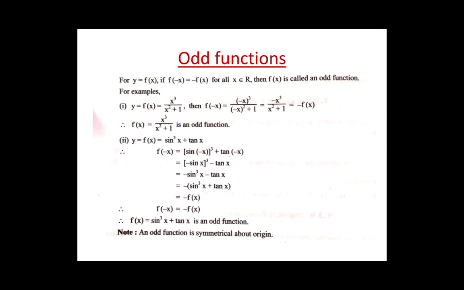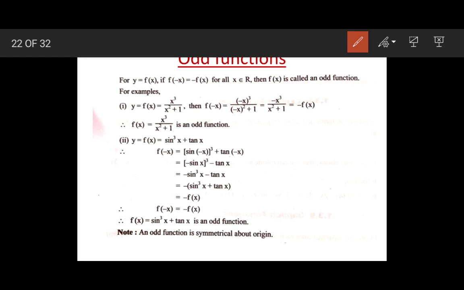So whenever f of minus x is equal to f of x, then the function will be an even function. Then the odd function, again there is a condition. If f of minus x is equal to minus f of x, then the function will be an odd function. See example 1, f of x is given as x cube upon x square plus 1. Now to check whether the function is even or odd, what do I have to do? I have to find f of minus x.